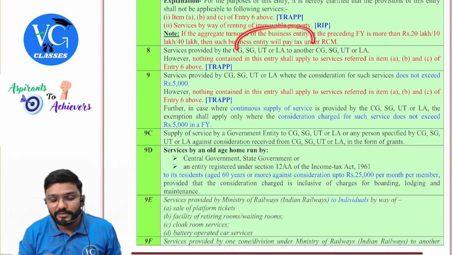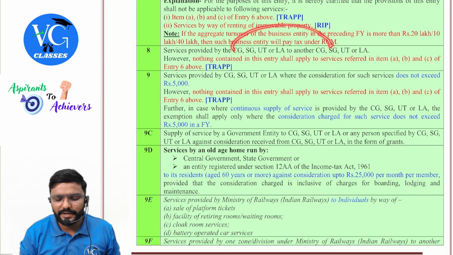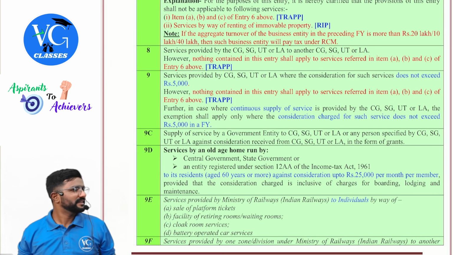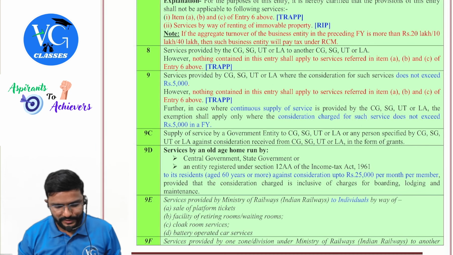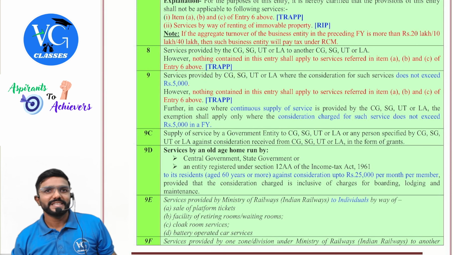Sir, is it central government to central government, state to state? Need not be. Sir, can it be central government to state, central government to union territory, central government to local authority? Yes. Receiver and supplier should be government. Okay, sir. But this is not applicable for TRAP services.